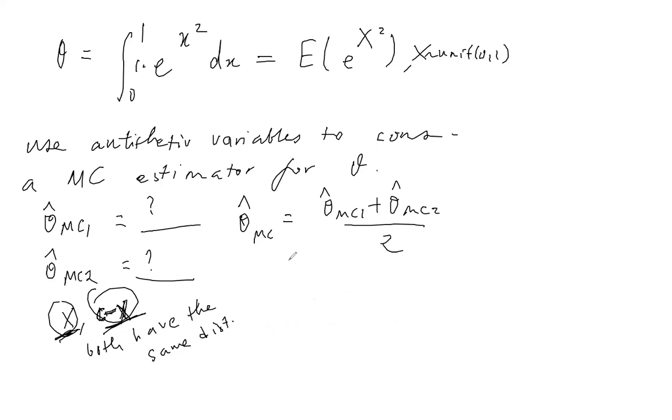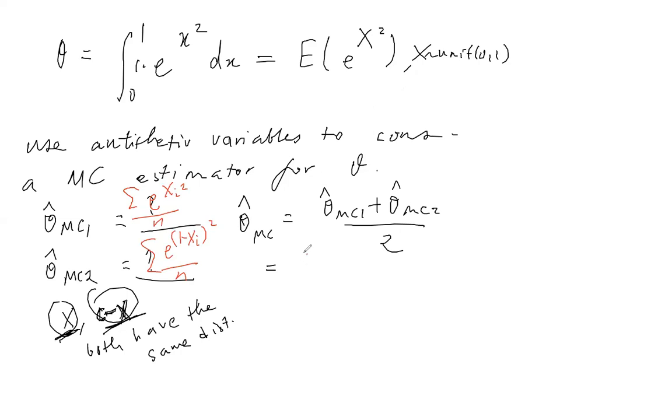Okay, so over here, clearly this one will be the summation of E of xi squared over n. And this will be the summation of E of 1 minus xi squared over n.